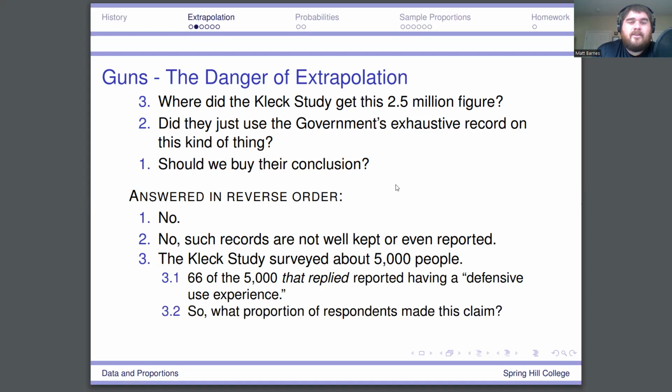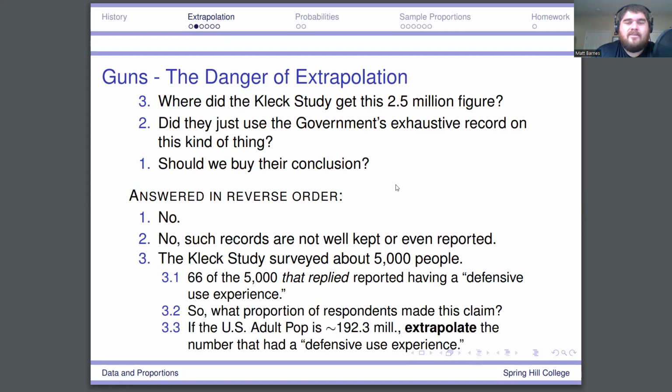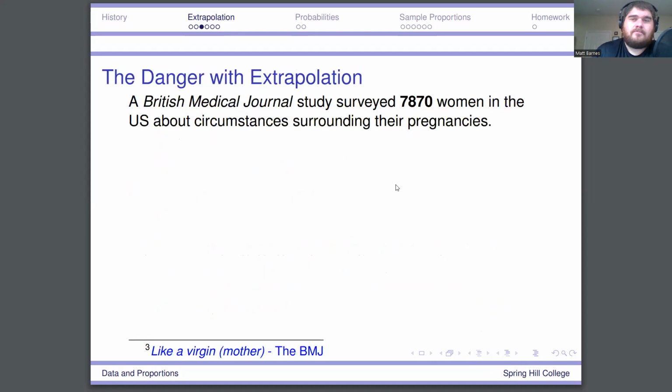If we look at the proportion of respondents that made this claim, we can do 66 over 5,000. And when we extrapolate that to the US adult population at the time, that gives us the 2.5 million figure that had a defensive use experience.